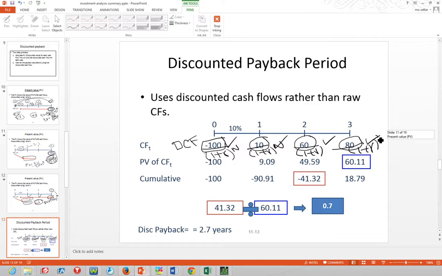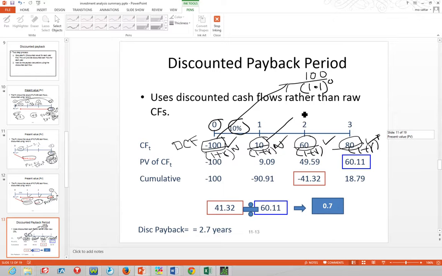Okay, so for example, this one would be 100 divided by, R is 10%, so 1.1 raised to 0, because it is year 0.